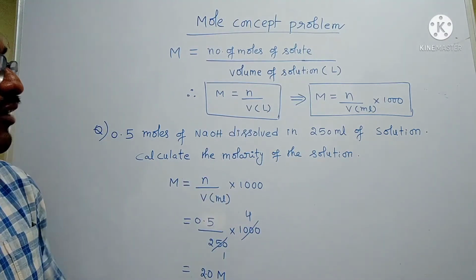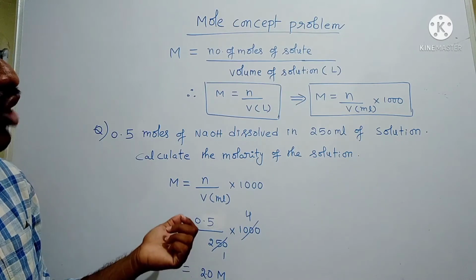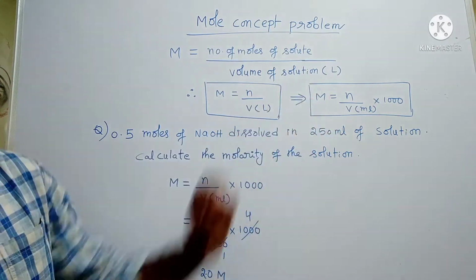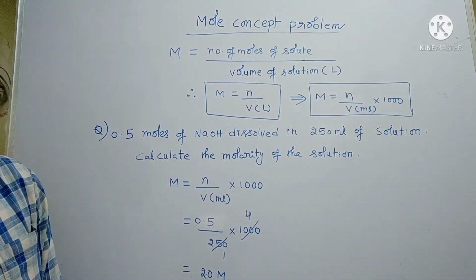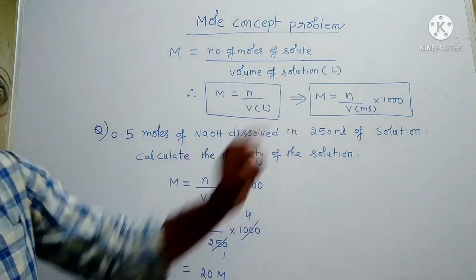Suppose in problems the volume of solution is given in ml. If you use the formula M is equal to n by V, with V in ml, you should multiply this formula with what?